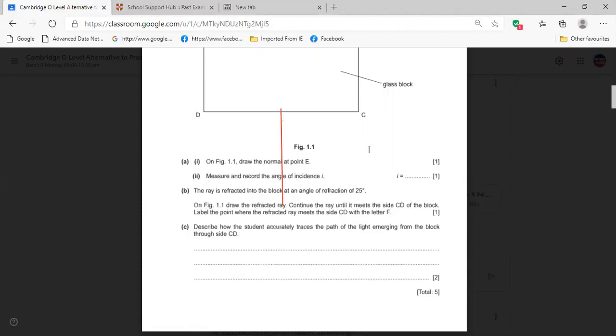Then the second mark is for drawing lines. The student will remove the pins later on and join the lines with a ruler, and that is giving you the emergent ray. Is it clear?